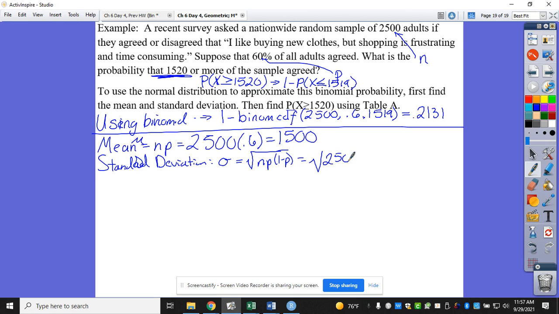Square root of 2,500 times what times what? Which gives me 24 point something. I've got my mean, I've got my standard deviation. So the only thing I would need to know is, can I use normal?